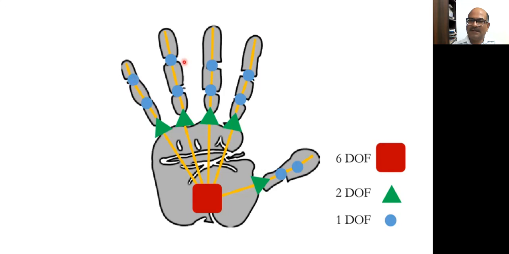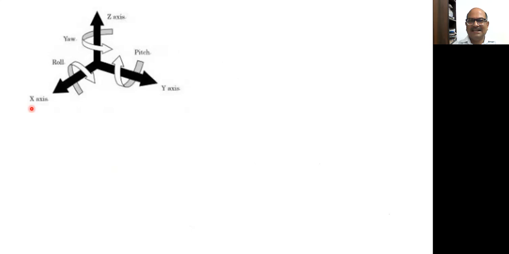In the joints of our fingers, we cannot move in more than one direction, so only 1 degree of freedom is available. I think it's very easy to understand how degree of freedom works. Again, we can see here this is rolling in one axis, this is yaw, and this is pitch.